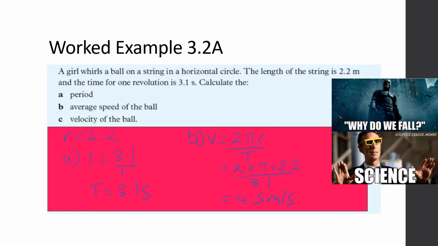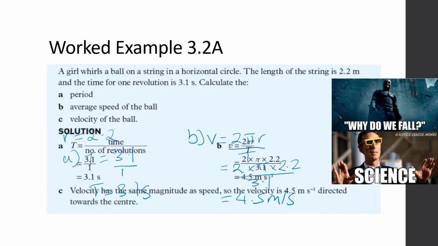That's the speed, but what about the velocity? Well, what direction is the velocity pointing in a circle? At every point it's directed towards the center of the circle. So for the velocity, we would give it as 4.5 meters per second directed towards the center of the circle. We can see the response there with my scrolling over the top.